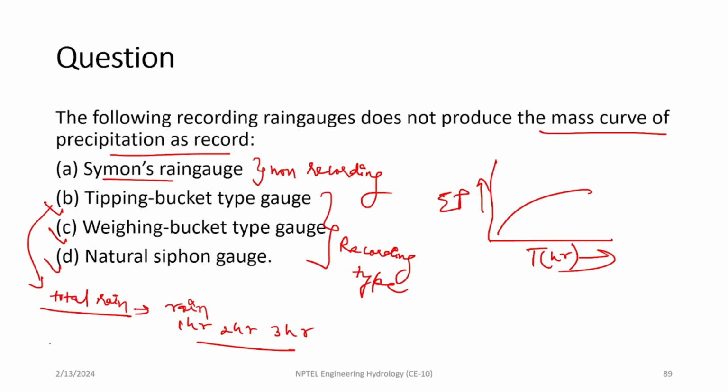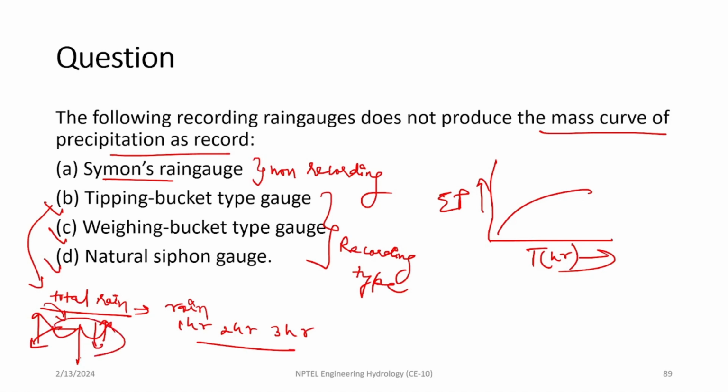Why is it like this? Because in a tipping bucket there are two buckets attached to a single balance. Whenever rainfall comes, one is getting filled while the other goes upward, and once it is filled it empties the water, goes upward again and takes the water.